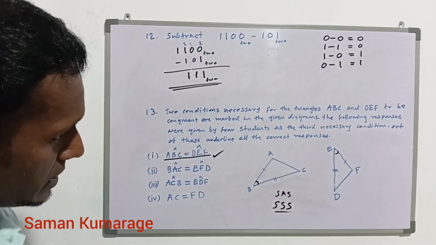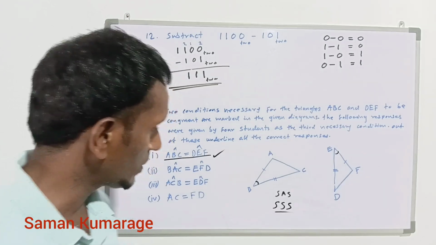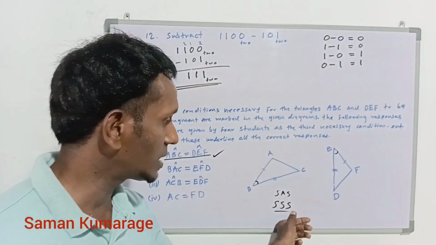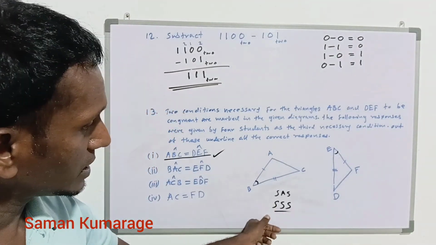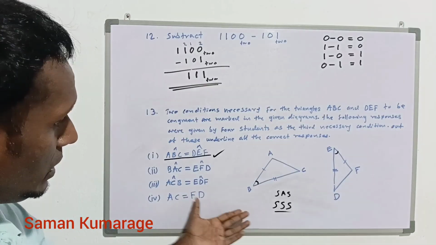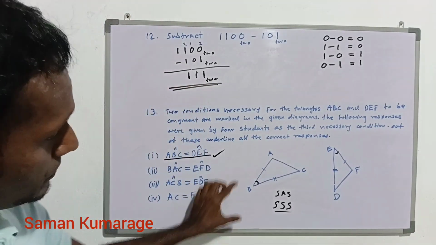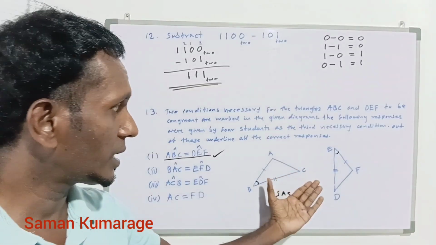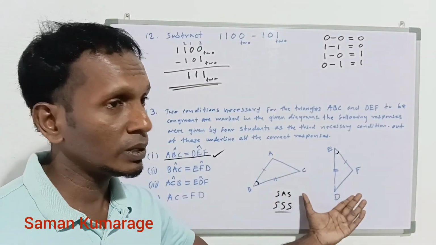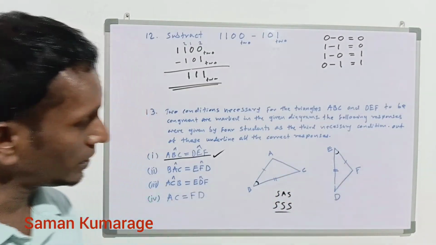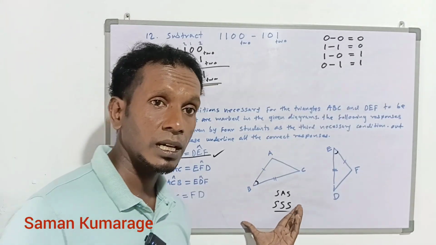According to the SSS congruence theorem, the seventh theorem we studied, if three sides of one triangle are equal to the three sides of another triangle, those two triangles are congruent.